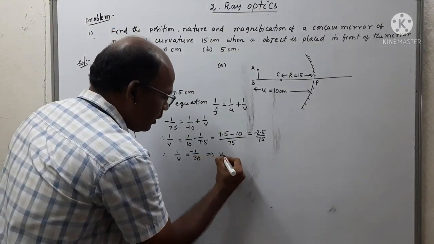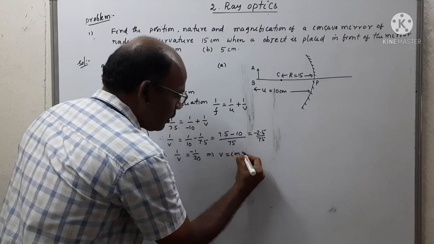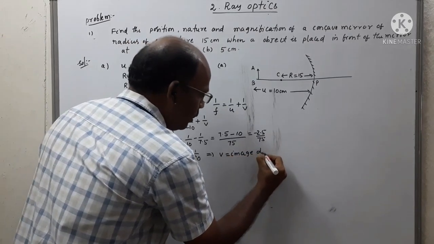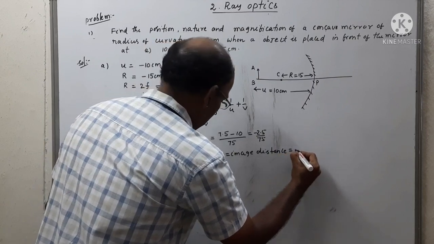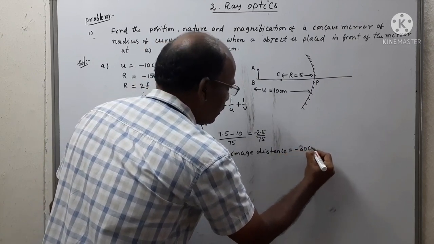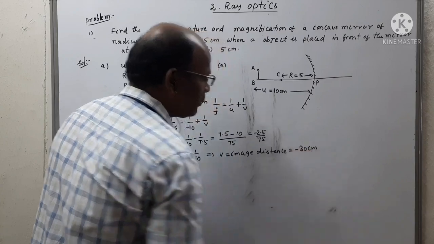So the image distance v is equal to minus 30 centimeters.